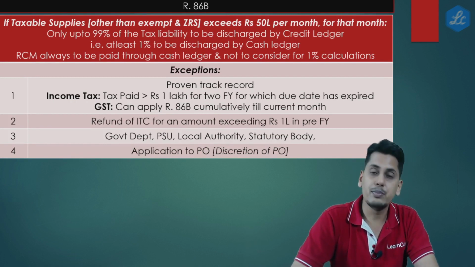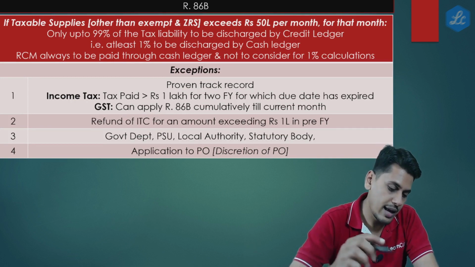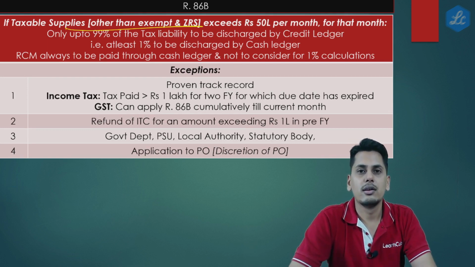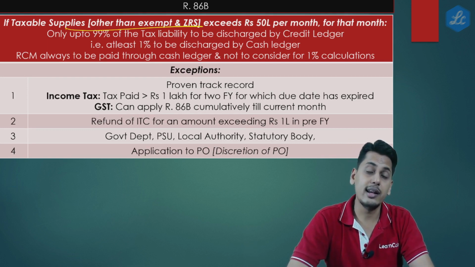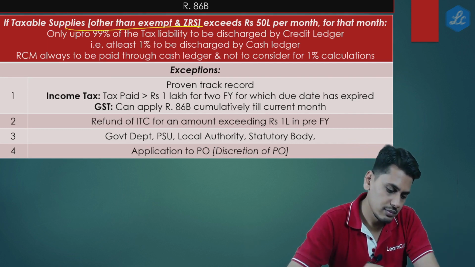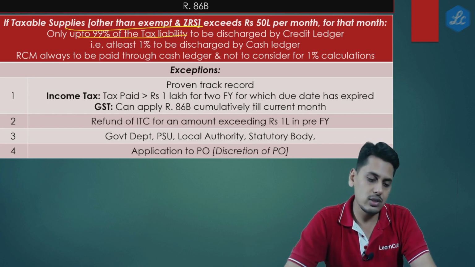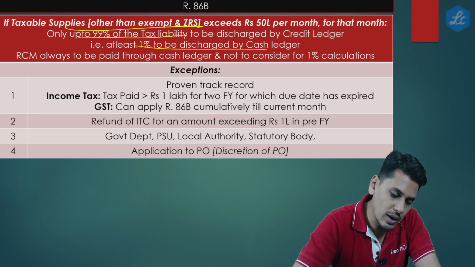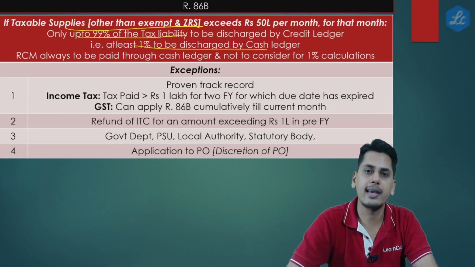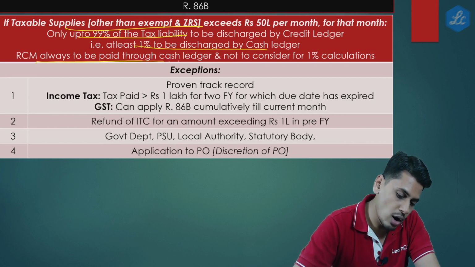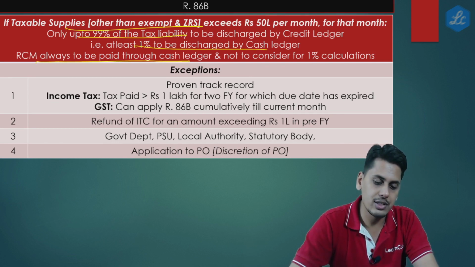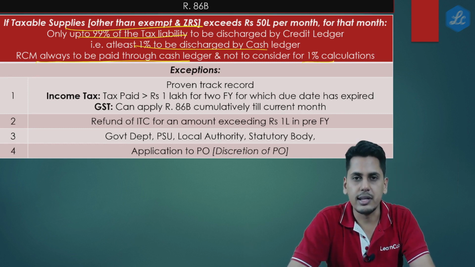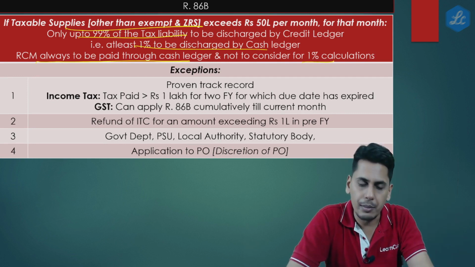So now friends, 86B, the crux: if taxable supplies other than exempt and zero rated supplies exceed rupees 50 lakhs in a month, then for that particular month, only up to 99% of the tax liability can be discharged by credit ledger, which means at least 1% has to be discharged by cash ledger. Now, RCM always has to be paid by cash ledger and it should not be considered for computing the 1%, neither in the numerator nor in the denominator.